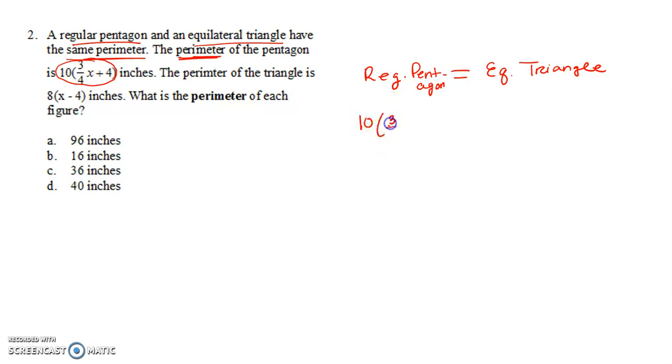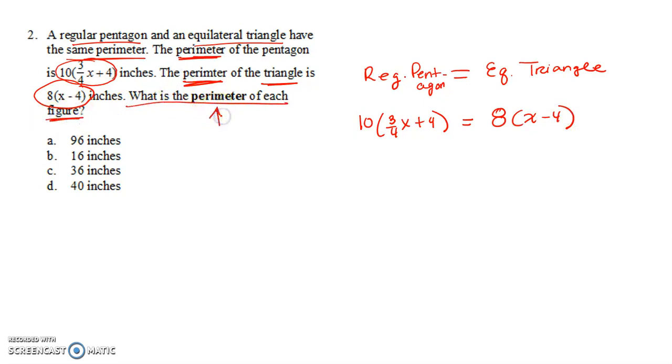And the perimeter of the equilateral triangle is 8 times quantity x minus 4. Okay? And it's asking me what is the perimeter of each figure?